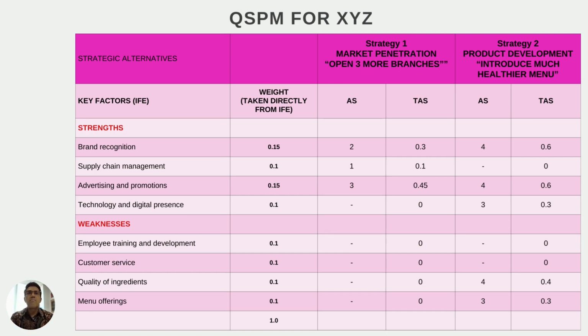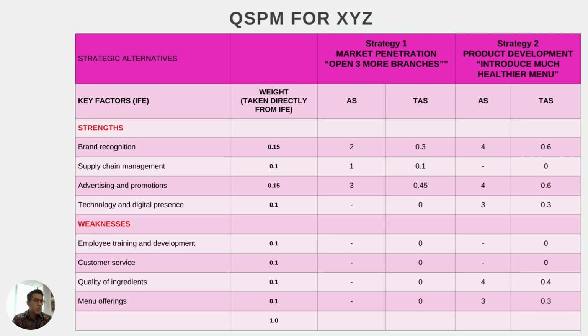As for this example, we suggest for this company to open 3 more branches as part of their market penetration strategy. And for the product development, we suggest that the organization should introduce a much healthier menu. So you can see that these two strategies are distinct and exclusive from one another. That is the third step in QSPM.